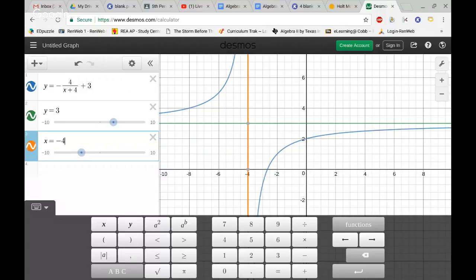If I were picking points, I would probably pick 0 and 4. Okay. Let's see, 0 would make it -1 plus 3, which would be -2. So 0 and -2.